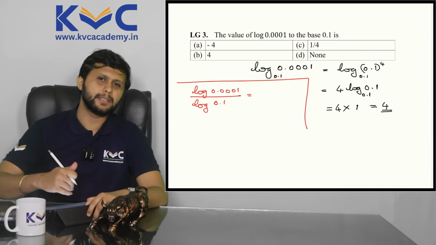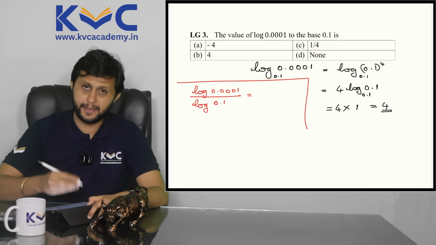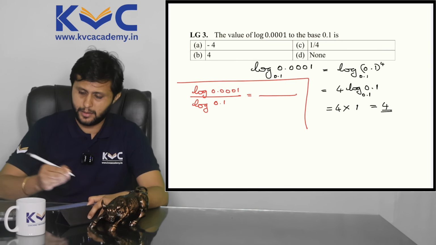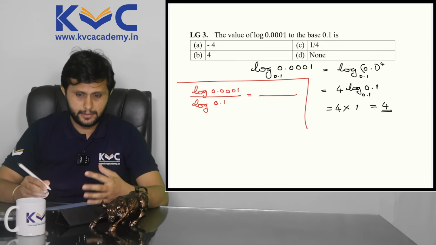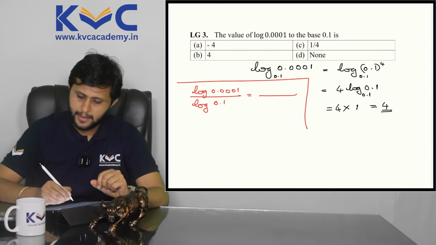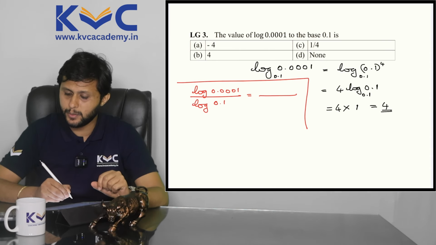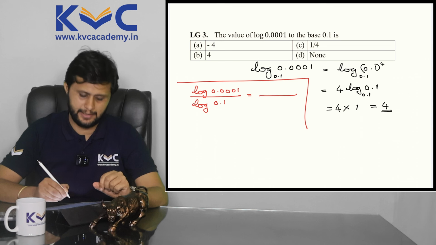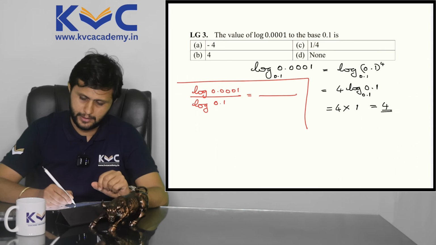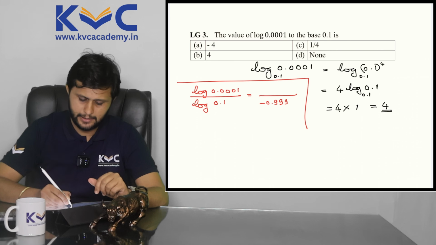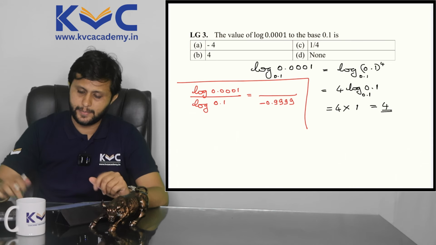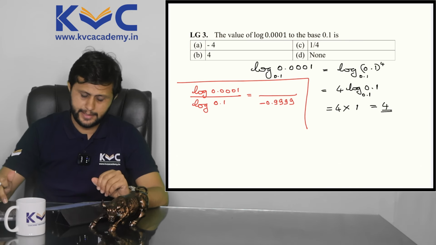Actually, I don't need to write down this answer because I'm using memory functions, but just so that you are also on the same page, I'm writing this. My answer is negative 0.9999. Correct? Okay. It's almost equal to 1. Now I'll clear my screen in the calculator.